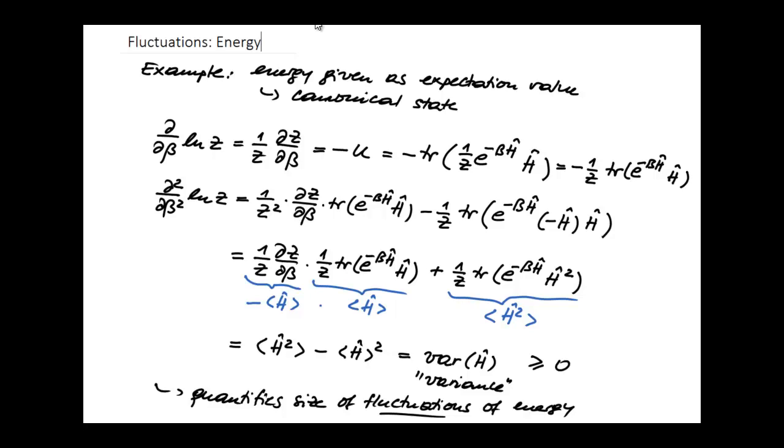The size of these fluctuations is characterized by the variance, and the variance in turn can be calculated by taking a second order derivative of the log of the partition function. You can generalize that to the situation where you have relevant observables A_i whose expectation values are given.